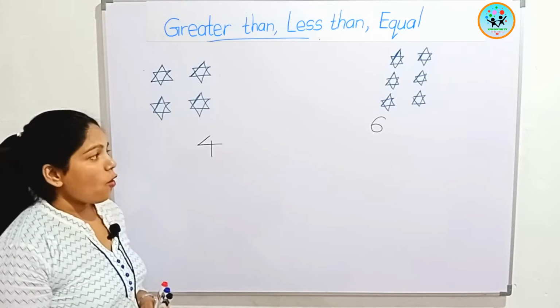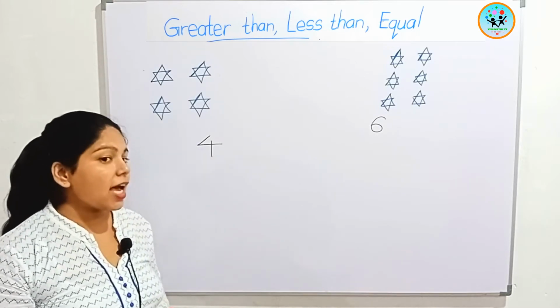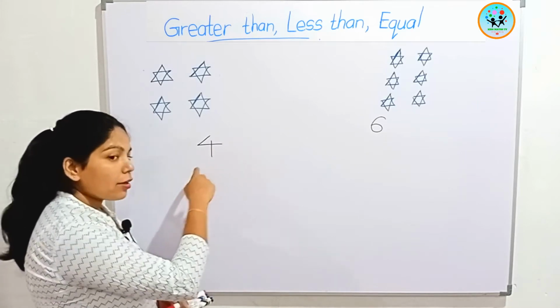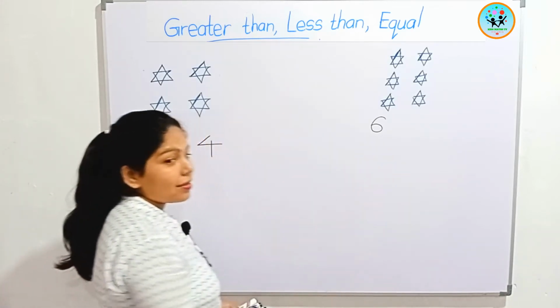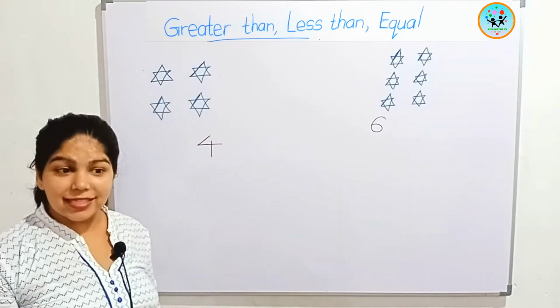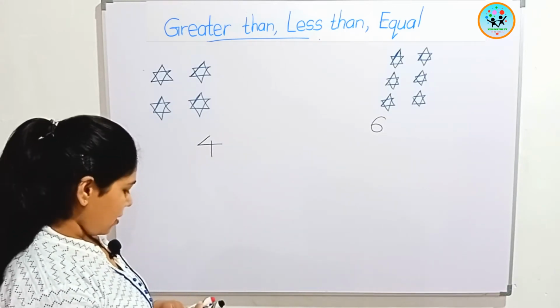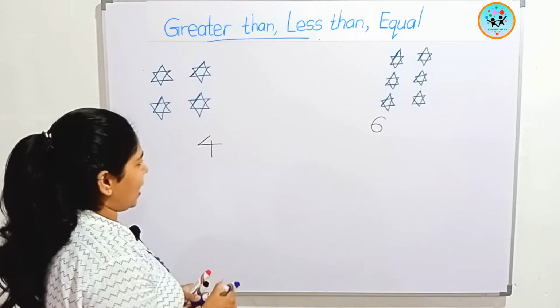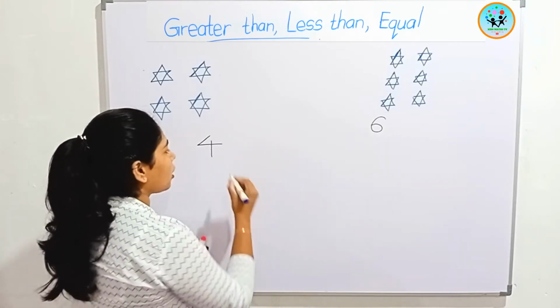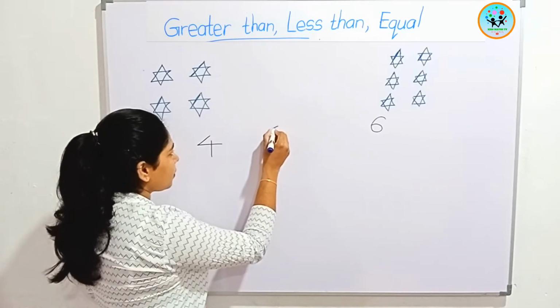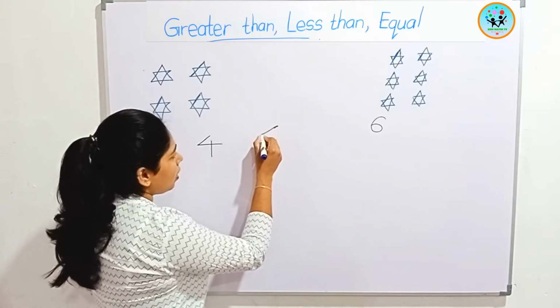Tell me which number is less than? Either 4 or 6. Yes, number 4 is less than. Then the symbol should be placed like this. The closed mouth towards less number.